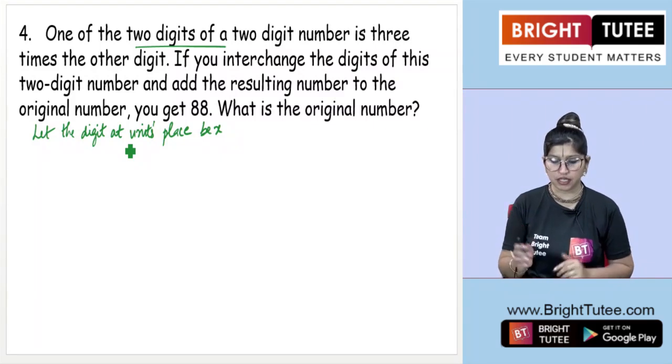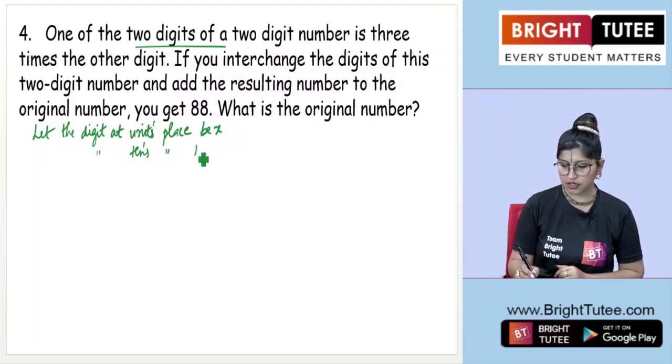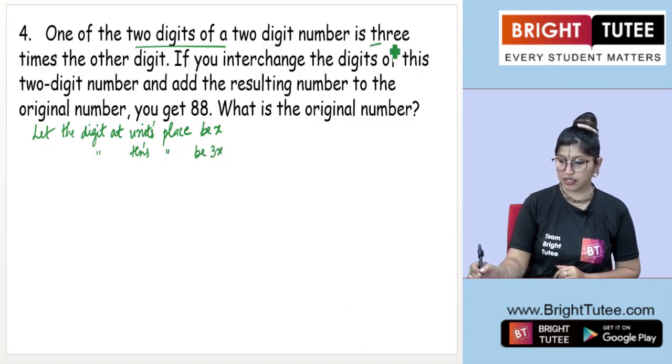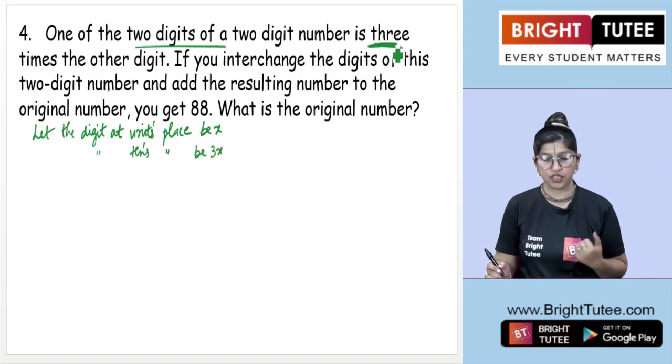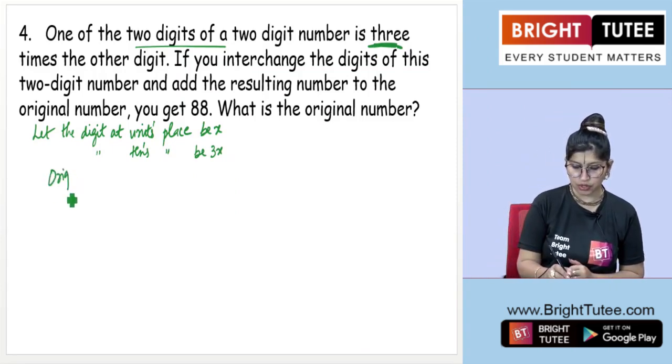So it depends on you completely. So let the digit at tens place be 3x, because it says that it is 3 times the other digit.